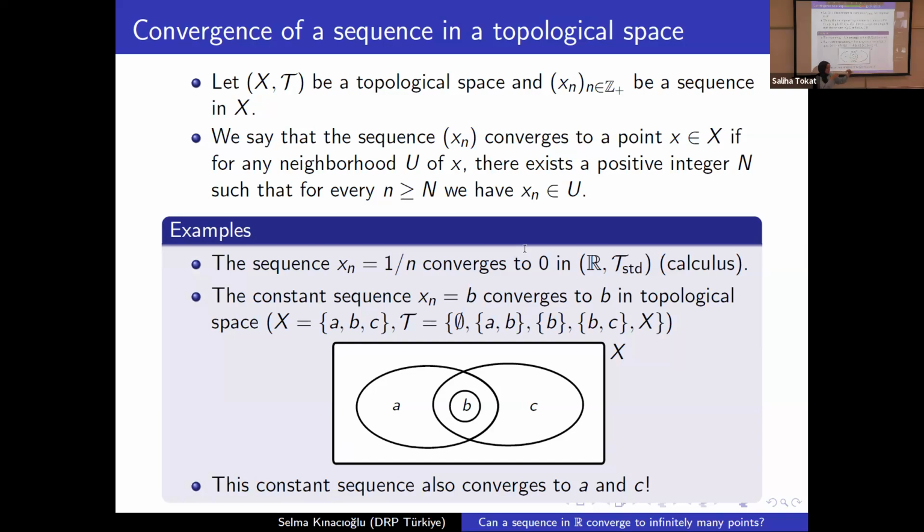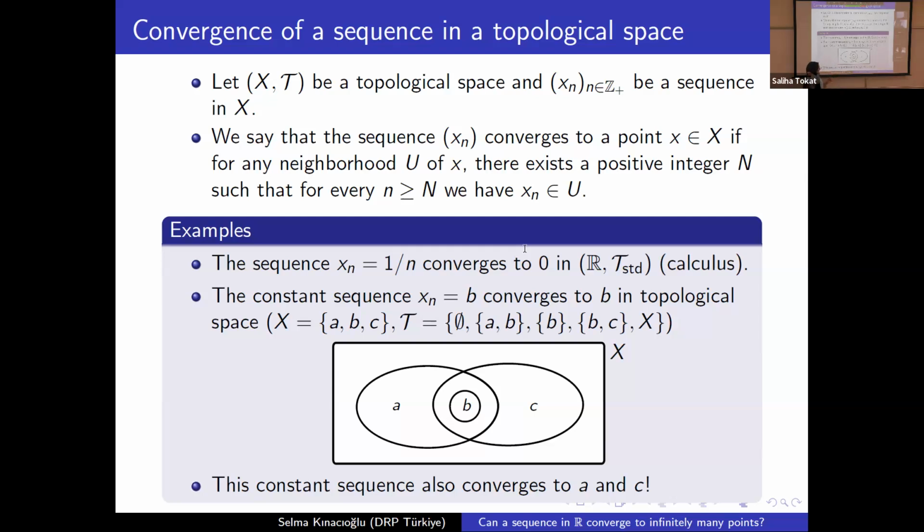Imagine that this is going to infinity. After a while, all values of this sequence are in the neighborhood. When I choose any random neighborhood, it will contain this point, which means the sequence converges to this point.